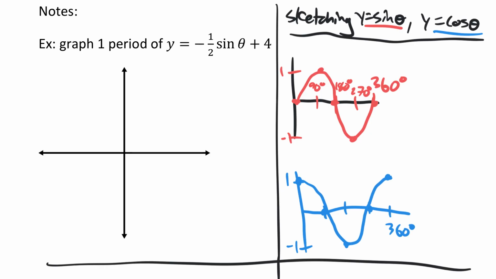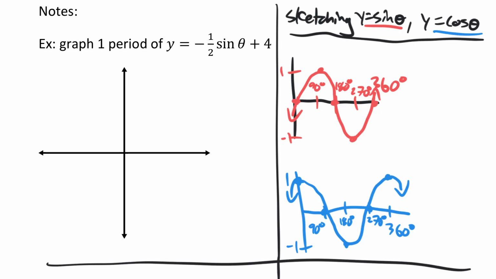Something like that. And then these are still the same 90, 180, 270. Now again, technically these graphs continue, so it's nice to put some arrows on them just so that we know that they continue. And from those base graphs, we can just use transformations to sketch everything else.